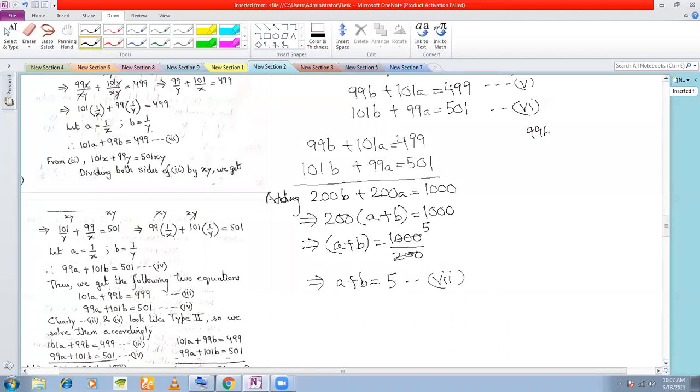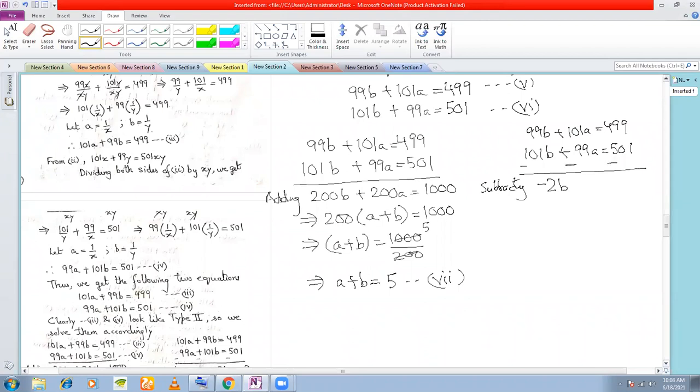So 99b plus 101a is equal to 499. 101b plus 99a is equal to 501. Subtracting. 99 minus 101 will give you minus 2b.